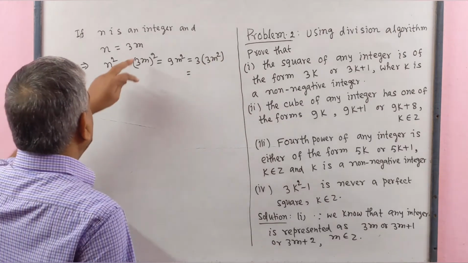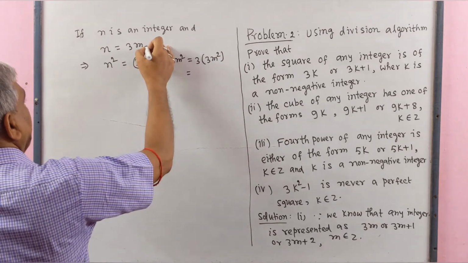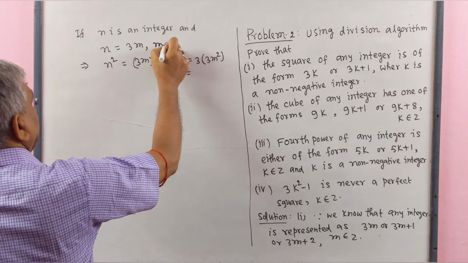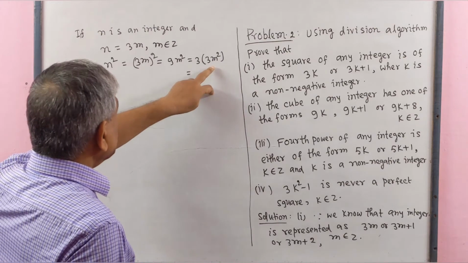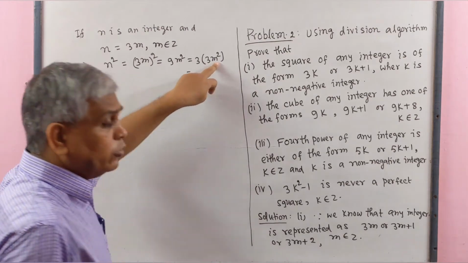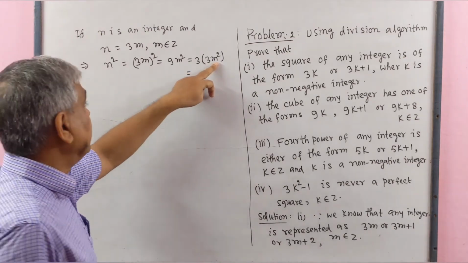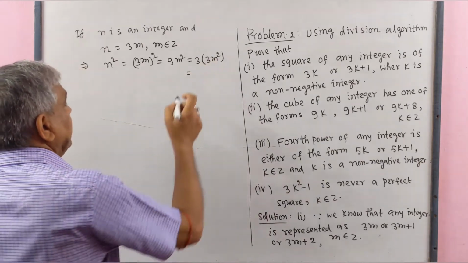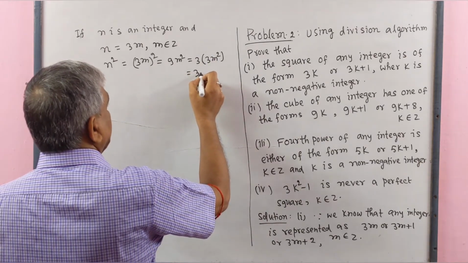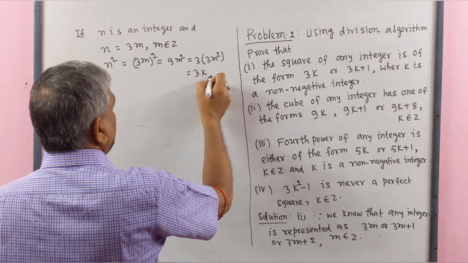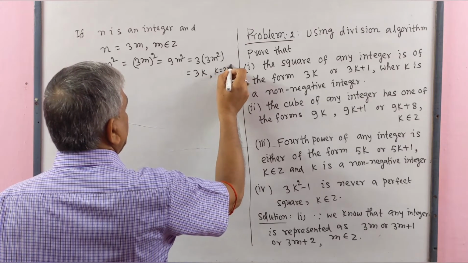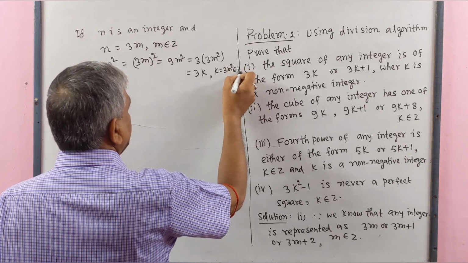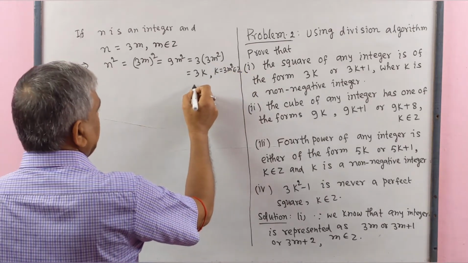Since m is an integer, therefore 3m square will be also an integer. Let this be equal to k. 3k, k equal to 3m square belongs to Z. This is number 1.